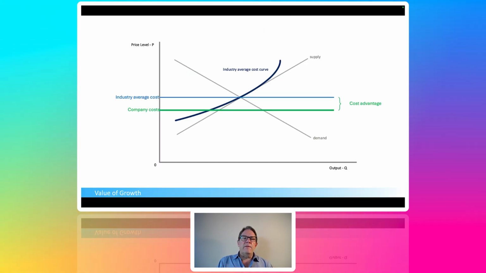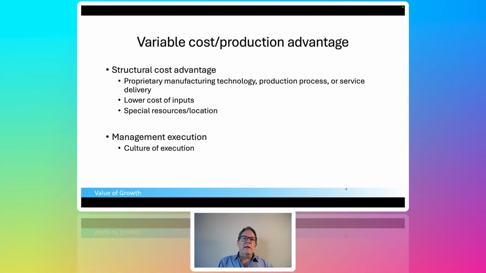The best way to think about it is a cost advantage, where the company's cost to deliver a product or service is less than competitors, particularly challengers, but less than the industry average. That lower cost leads to excess profitability. That excess profitability leads to higher financial return. That's the key.